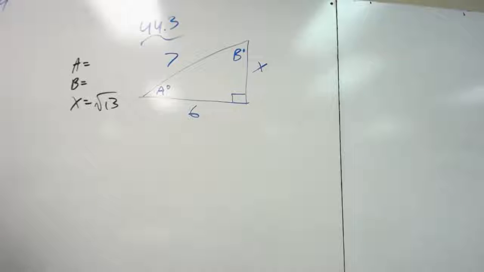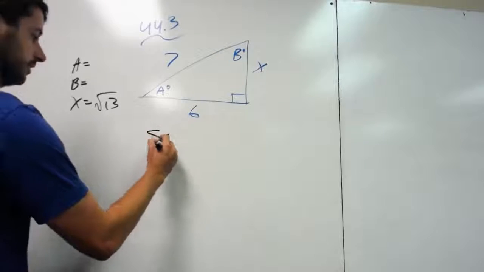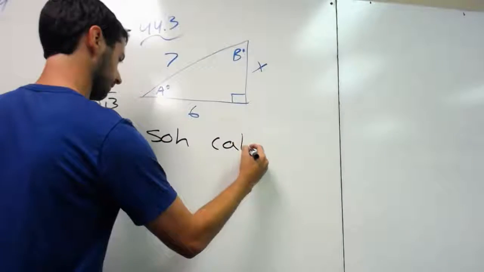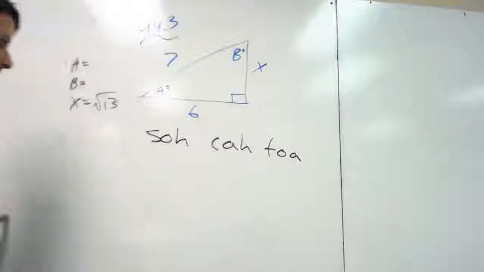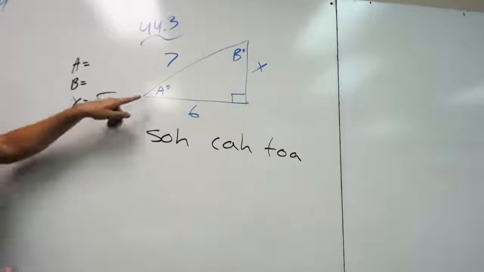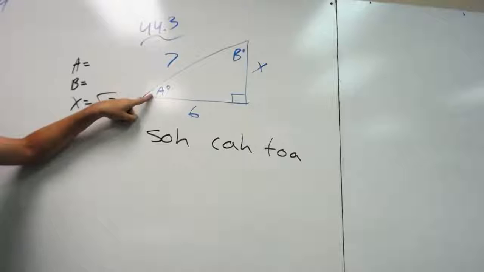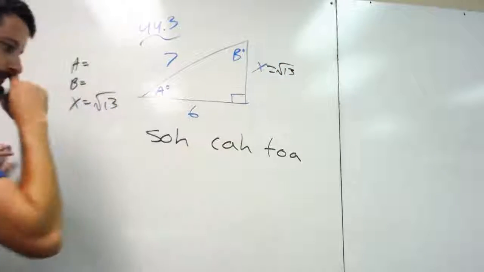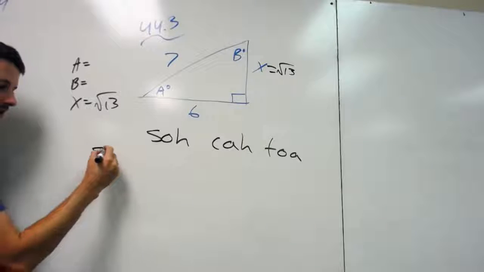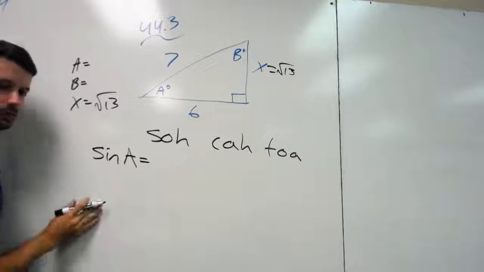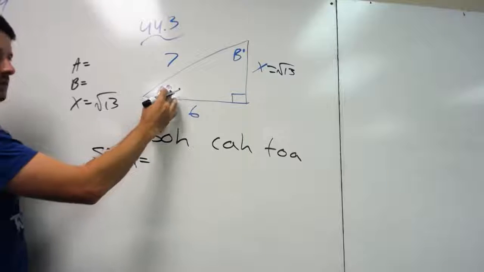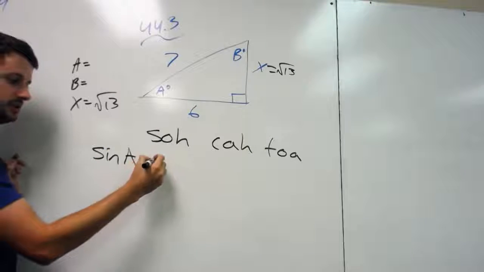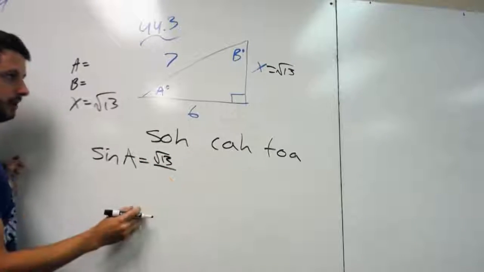Well, we're going to use what's called inverse sine, inverse cosine, inverse tangent. I'm going to go ahead and write this part here again. And let's say we're trying to find angle A. So if I said sine of A, what would that equal? What is the opposite over hypotenuse? Well, opposite is radical 13. Hypotenuse is 7.